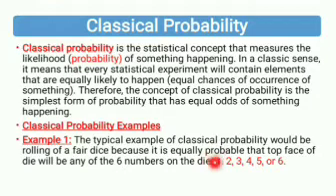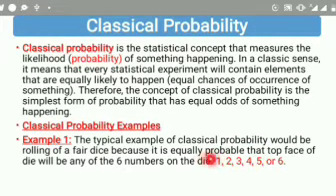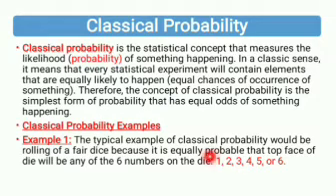So either 1 or 2 or 3 or 4 or 5 or 6. Is that clear? So all of them have equal chances. Is that okay? They have equal chance of what? Occurrence. Equal chance of occurrence.